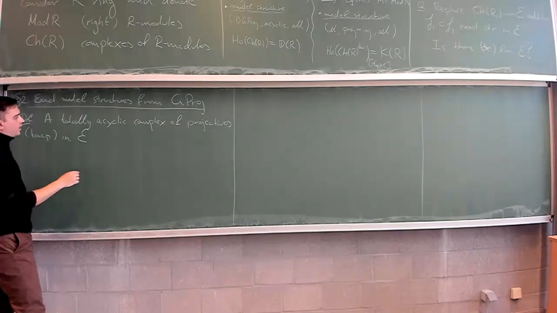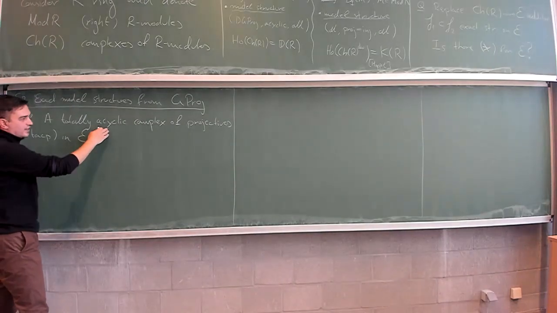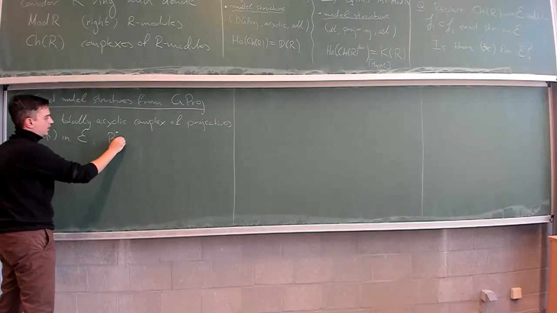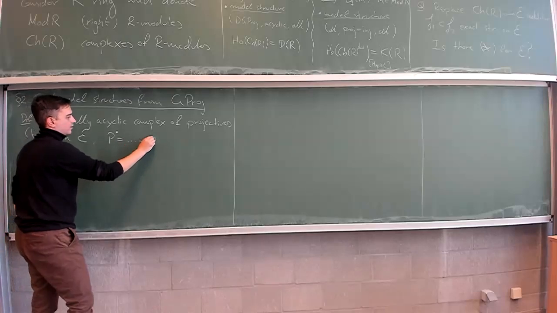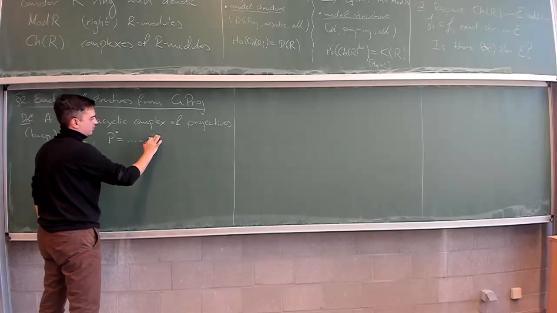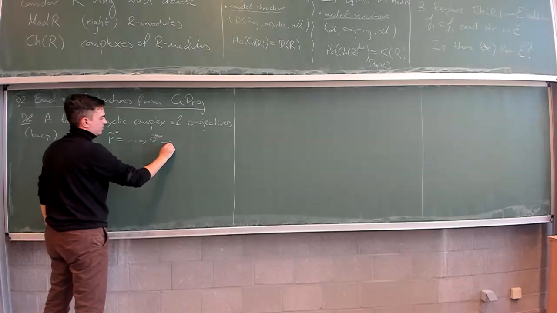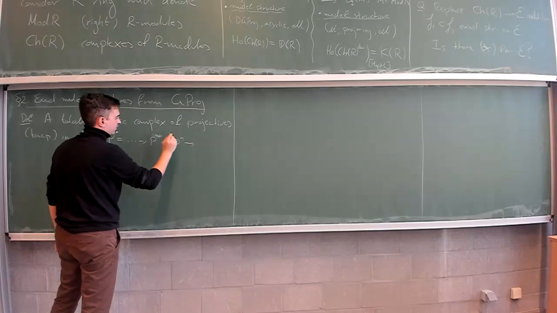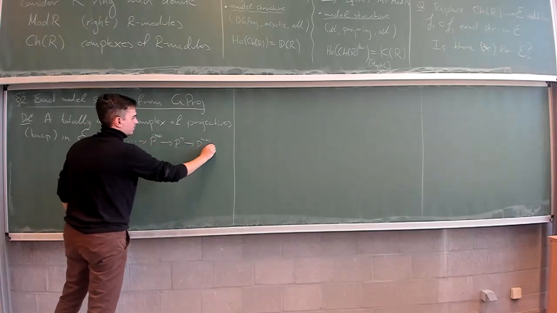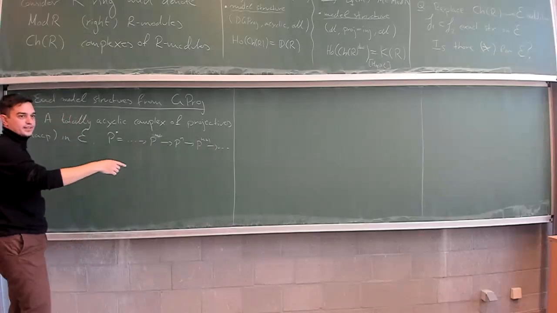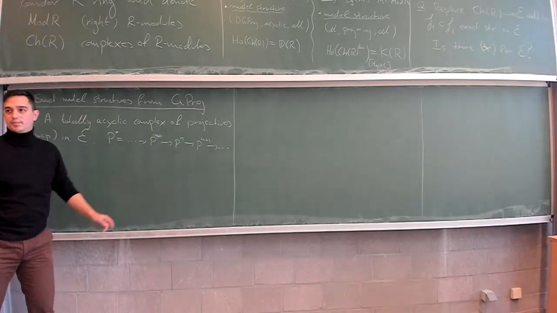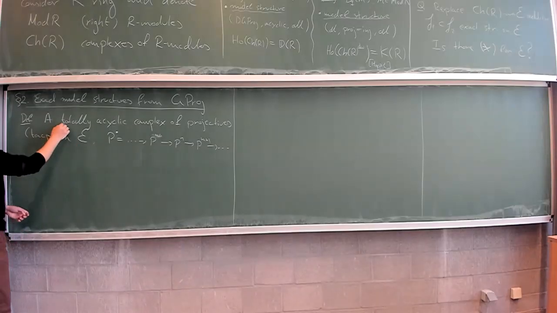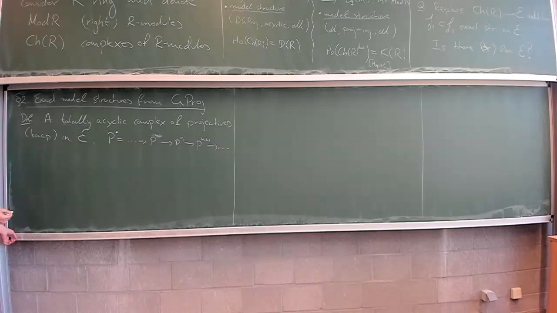It's an acyclic complex of projectives. That is, you have, let's say, P bullet. This complex is exact. Every P that appears here is a projective object in E. And now we have to determine what total means.